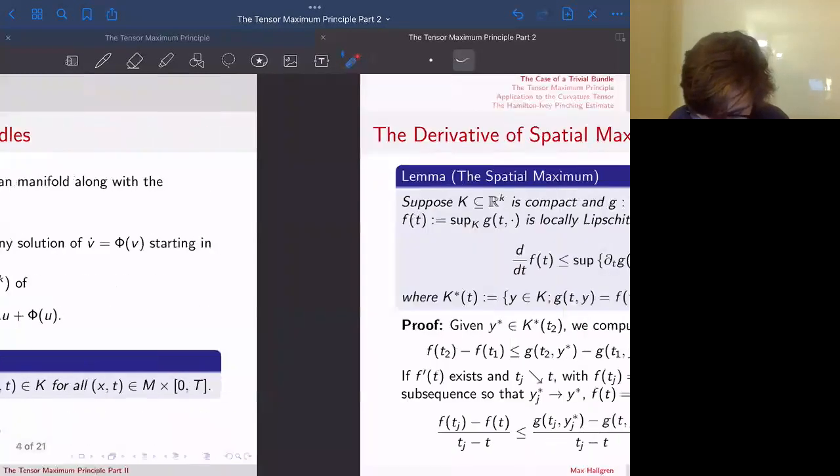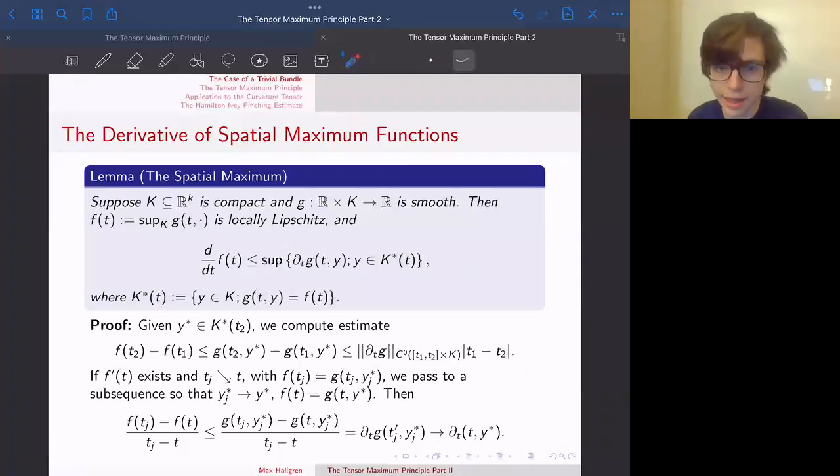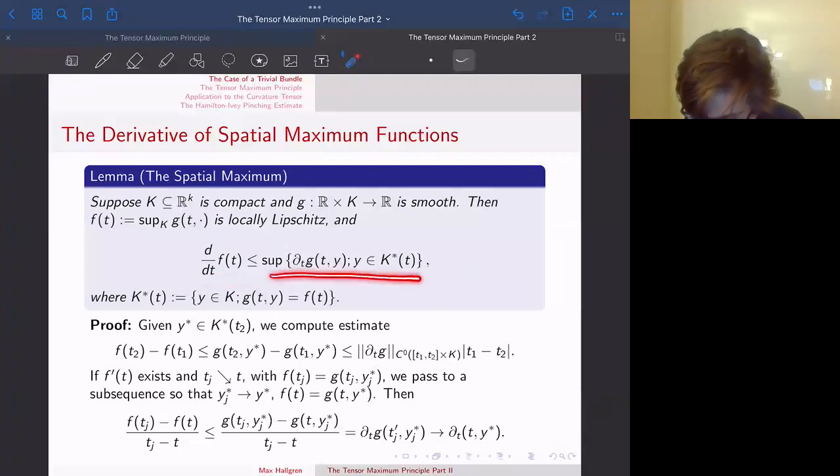Okay, so for the proof, I want to start out with an elementary analysis lemma, which says that if you have a function g of 2 variables, which we can assume is smooth, and we have some compact set in R^k, then if we consider this spatial maximum function, where we think of the first variable as being time, and we take the supremum of g over this compact set, then this spatial maximum function is locally Lipschitz, and wherever its derivative exists, which is almost everywhere, the derivative is less than or equal to this quantity.